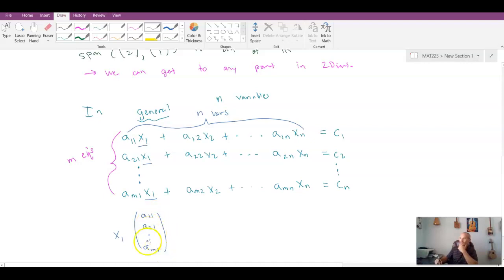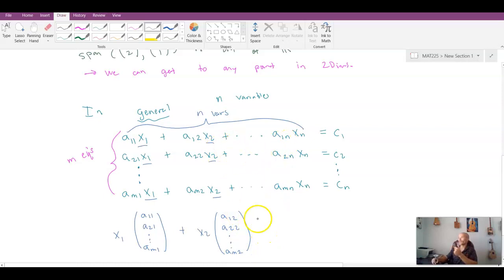So this is just different rows, first column, plus x2. We can see that that's consistent across here. So if I factor out an x2 and write it as a vector, I'll have a12, a22, all the way down to the mth row, the second column.